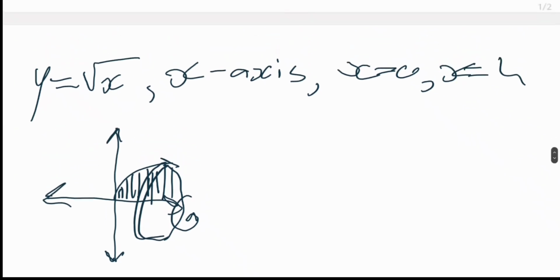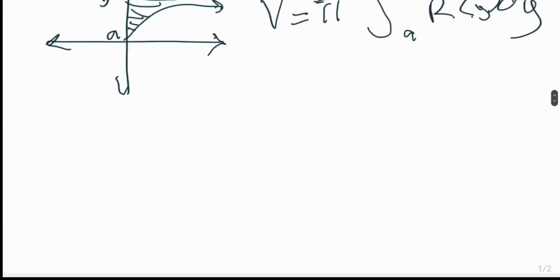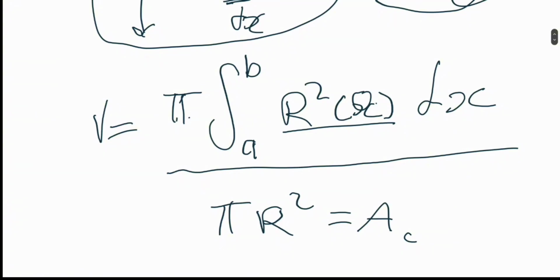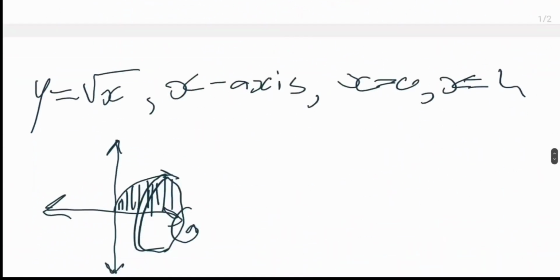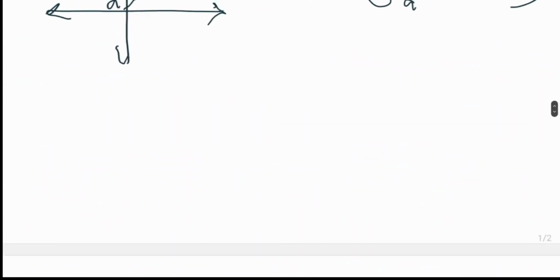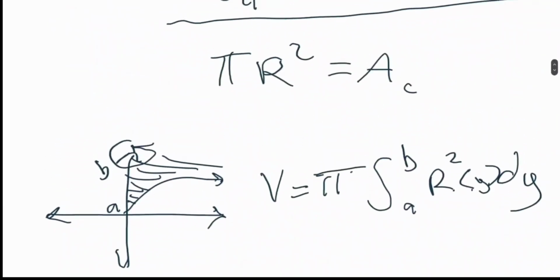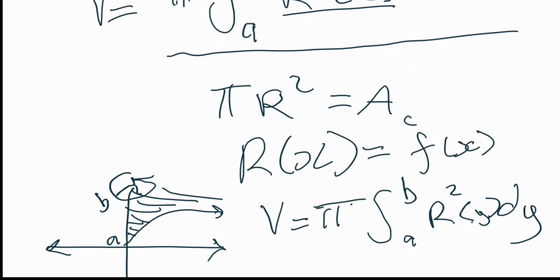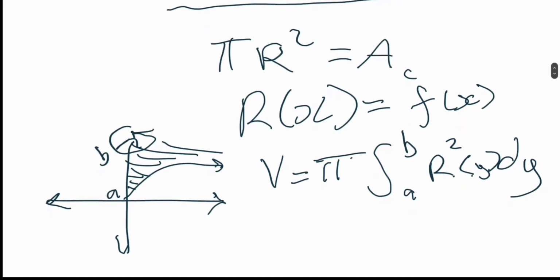Okay? Now, if we use our equation that we have up here for the x-axis, we can use volume equals pi integral a to b r squared of x dx to work this out. So essentially r of x is going to be equal to f of x in every scenario.